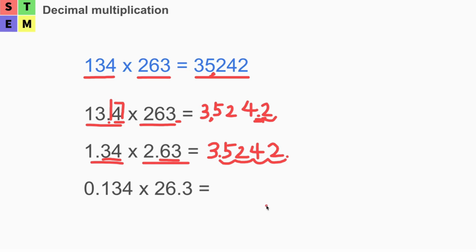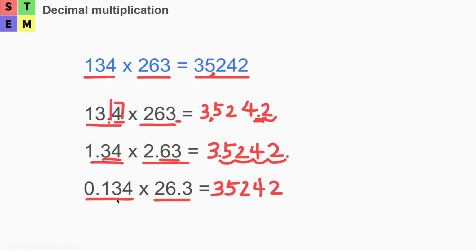Okay, and let's take a look at our last example. So we have 0.134 times 26.3. Okay, again, same number: 3, 5, 2, 4, 2.